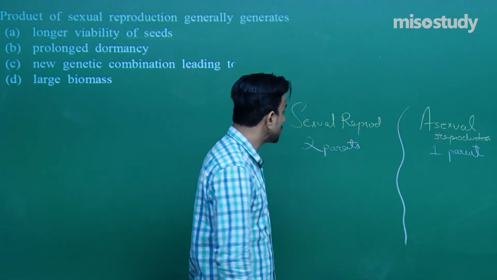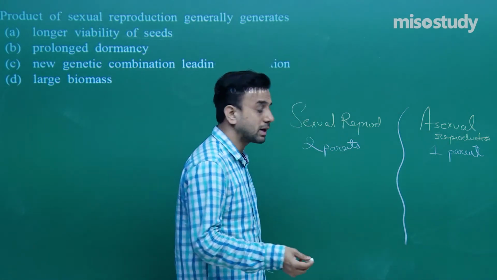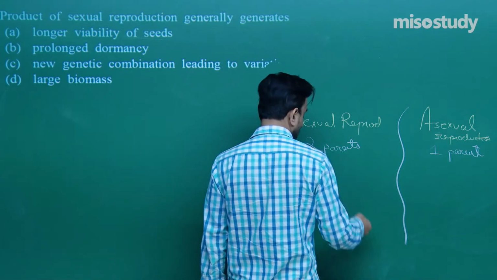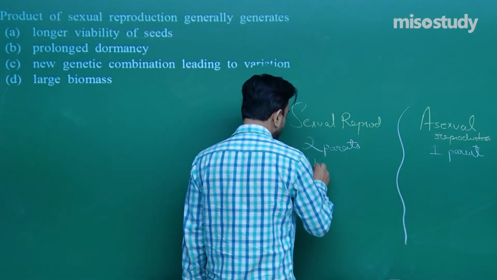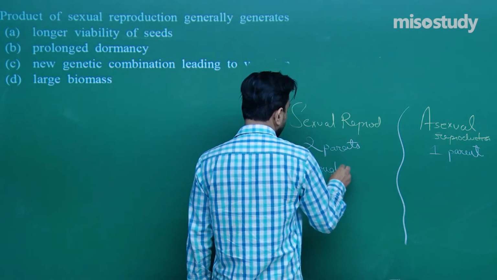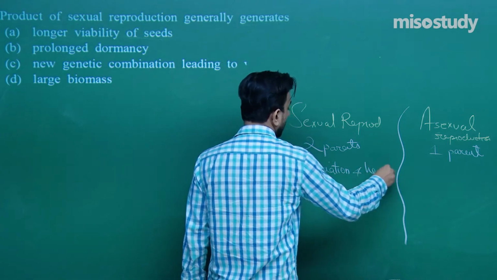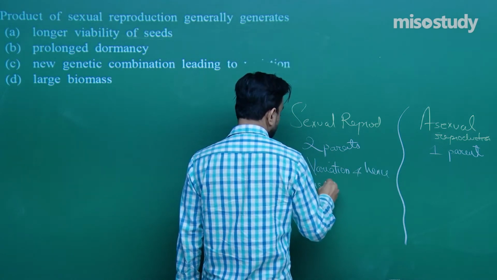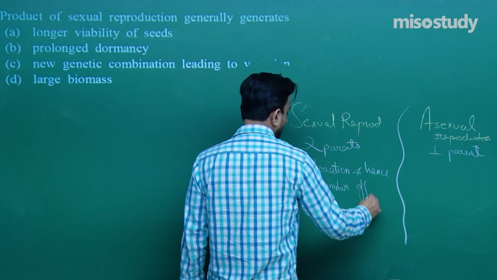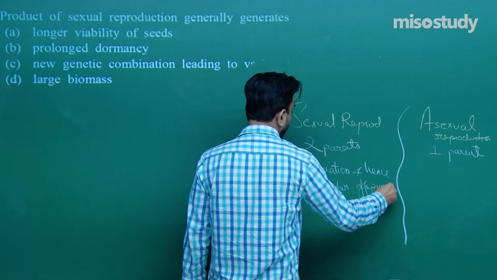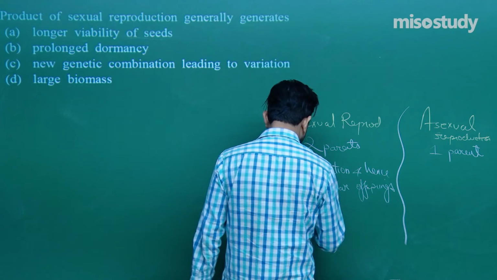In sexual reproduction, there will be crossing over and hence genetic recombination, and hence variation, and dissimilar offspring due to crossing over.